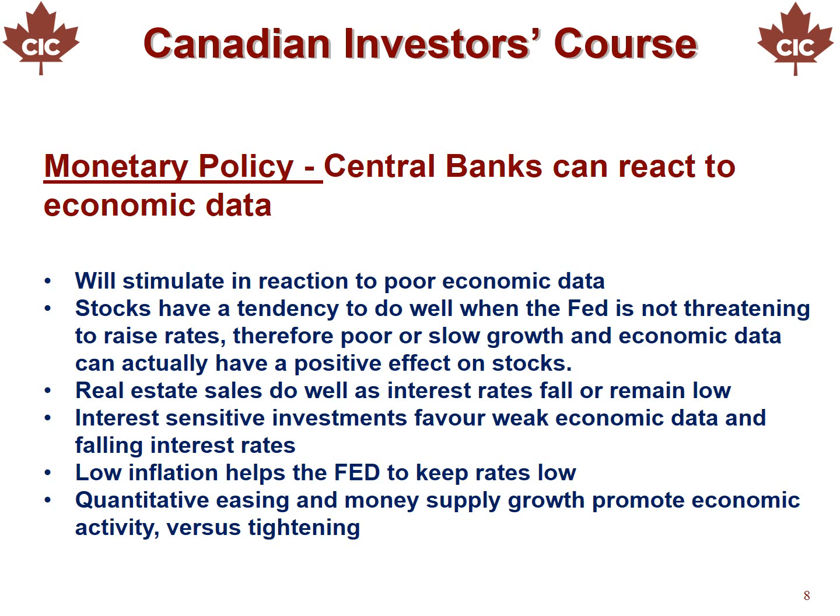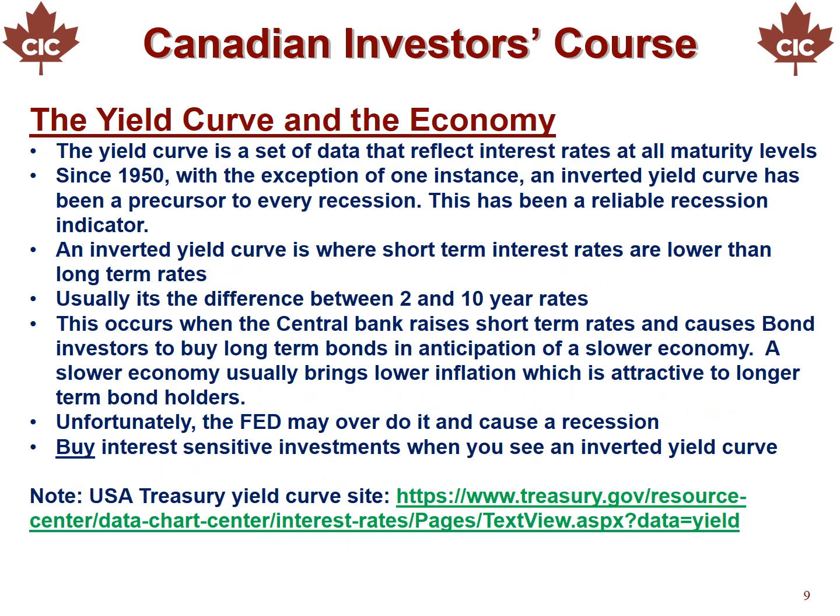Low inflation helps the Fed to keep interest rates low. Quantitative easing and money supply growth promote economic activity, and the opposite happens when the economy is tight. When the Fed tightens, they tighten typically to slow overheated economic activity.